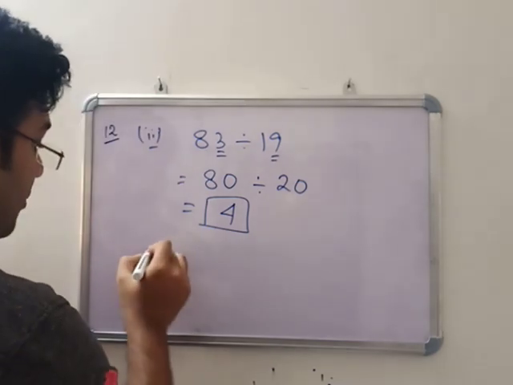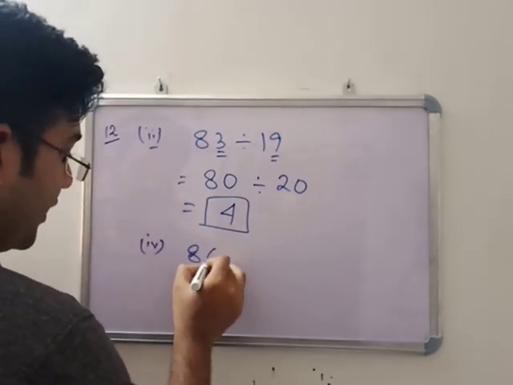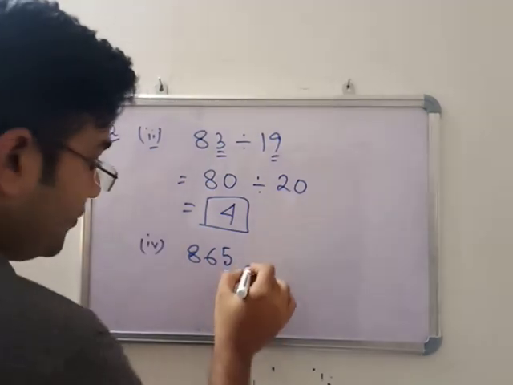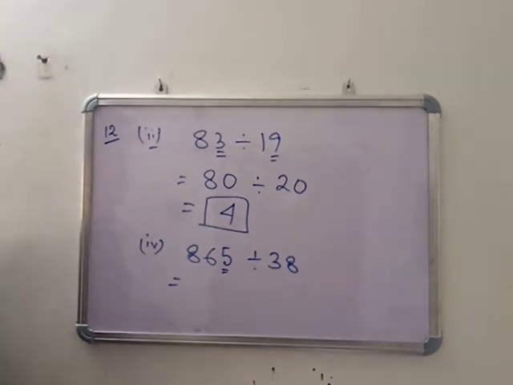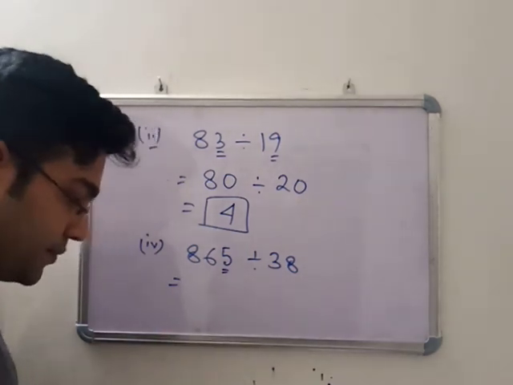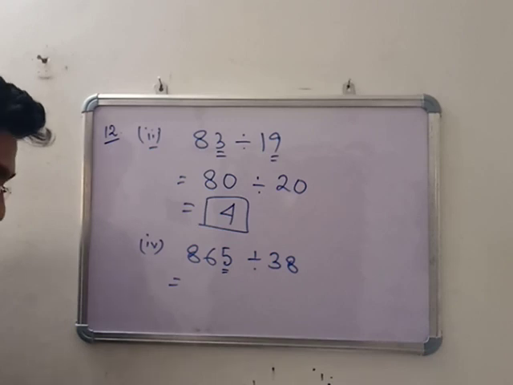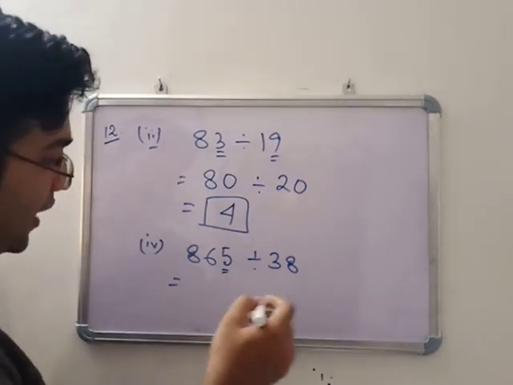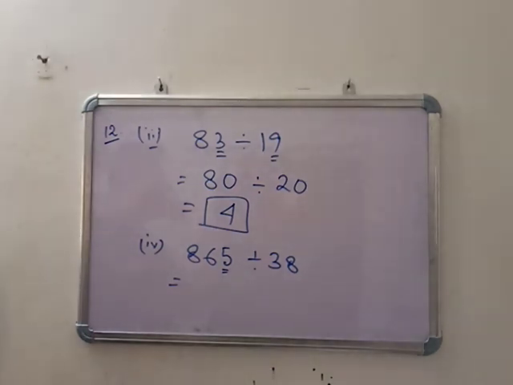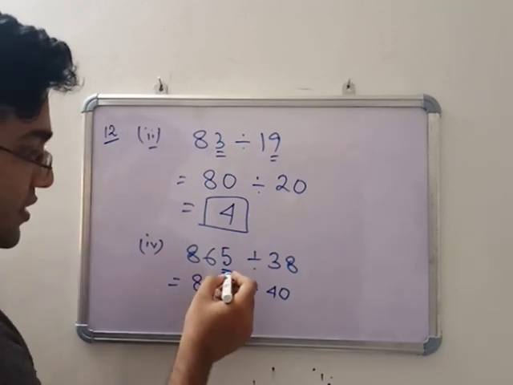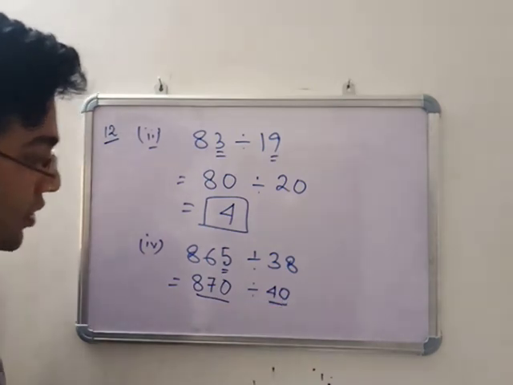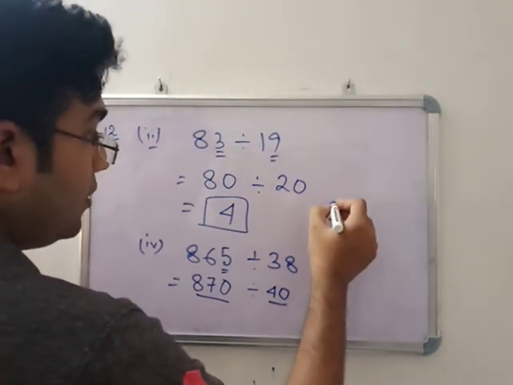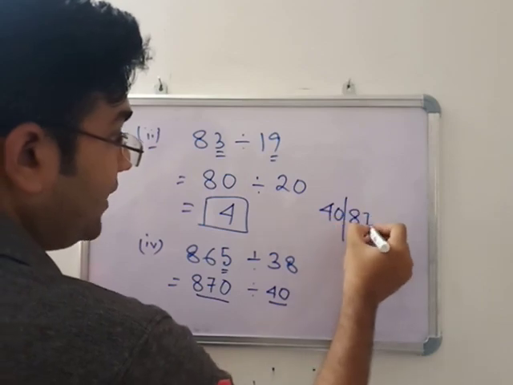And the last one, number 4, 865 divided by 38. So this is 5. That means 1 is added over there. 1 is added over there. So we can write here, so here 5 is there. So that means this is 870, and this is 40. Now if we divide it, see that 40 and 870.